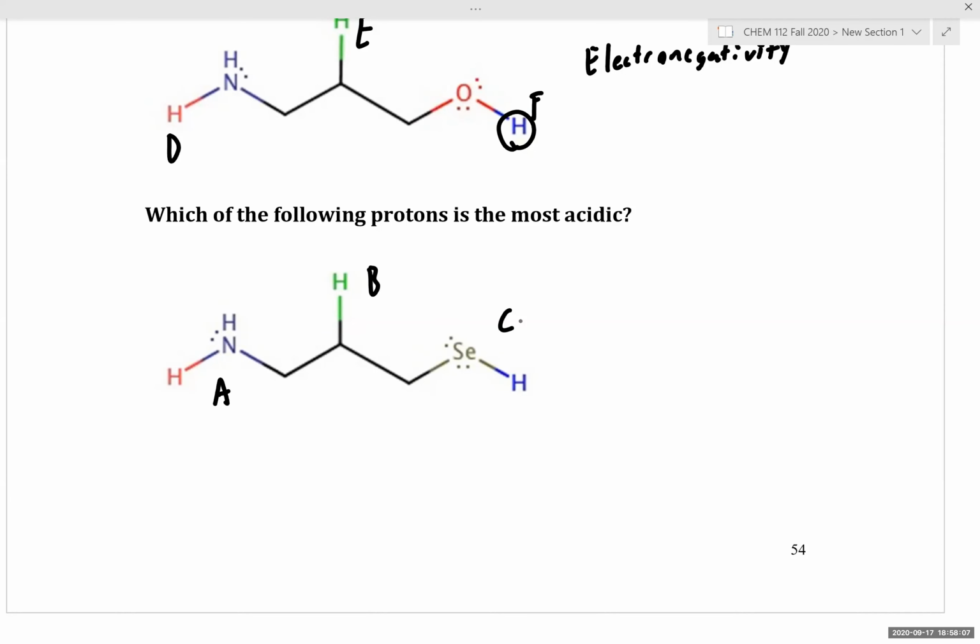I see a lot of C's in the chat. Yep, exactly right. Selenium, it's a large atom. It's pretty electronegative. It wins out over carbon and nitrogen. Does this make sense to everyone?